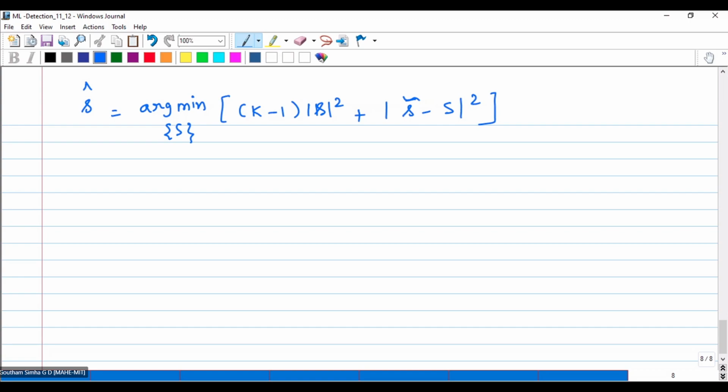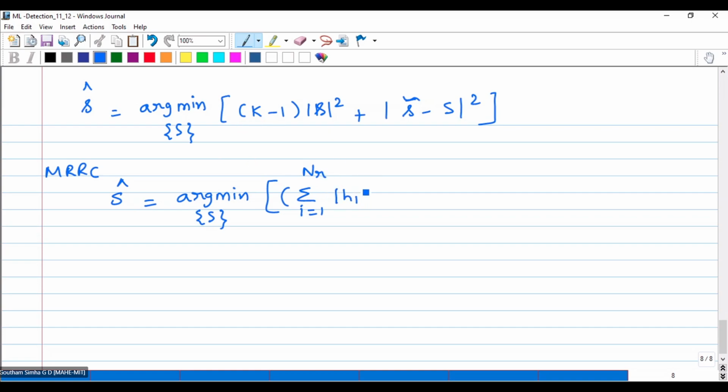You can still reduce and you can write a complex MRRC equation. Similarly, from this complex MRRC, first I'll write it for MRRC, the ML equation. S cap is equal to argmin of S into summation I is equal to 1 to, let's say, NR receive antennas I have.